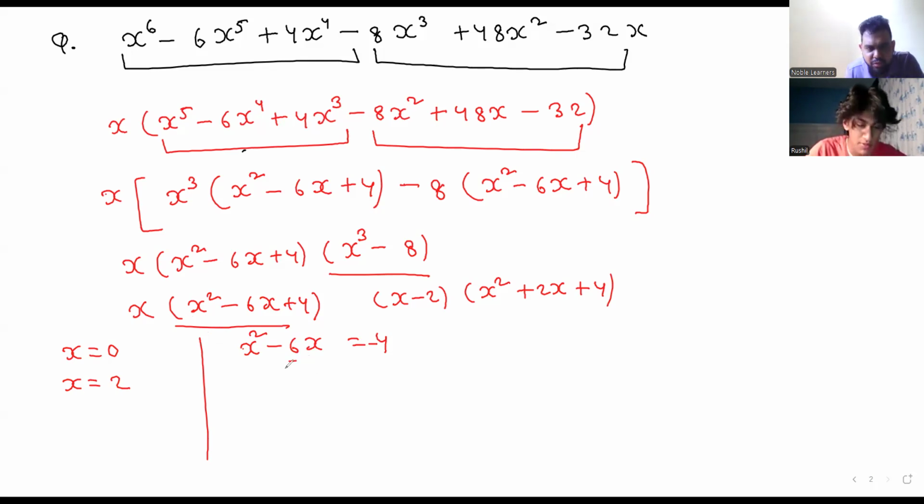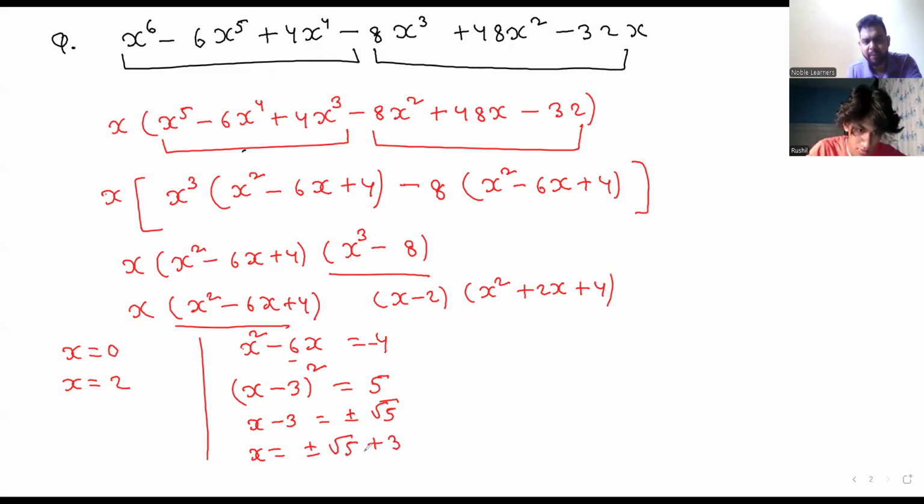You divide this by 2 and it becomes x minus 3 whole squared. Then you have to add the 9 to the other side, so you get 5. So basically x minus 3 is equal to plus or minus root 5, and then plus 3 on both sides. So two more answers I got, 3 plus or minus root 5. Correct? And another answer I could get from here.